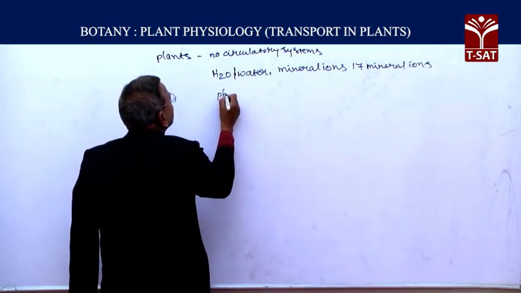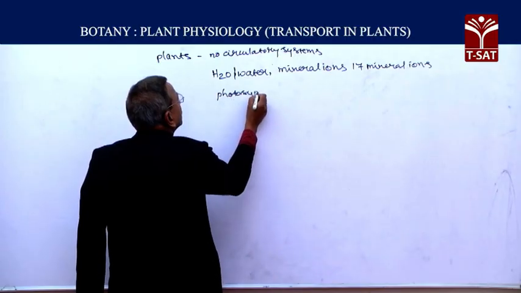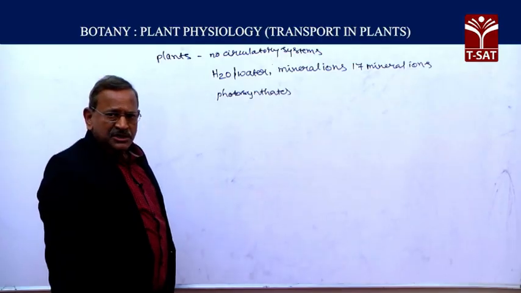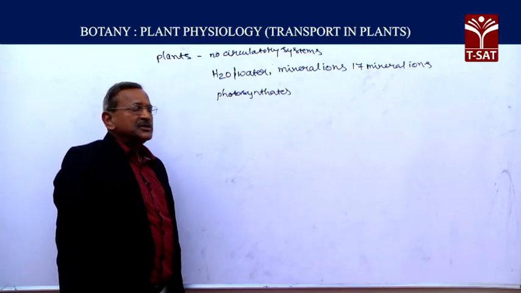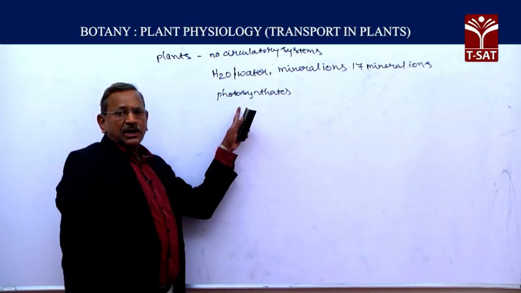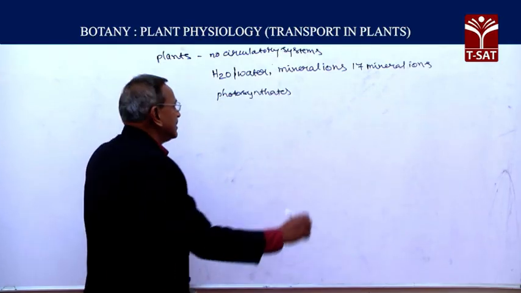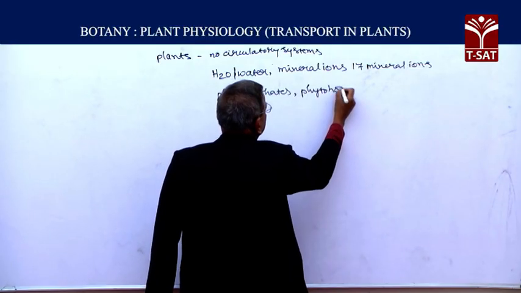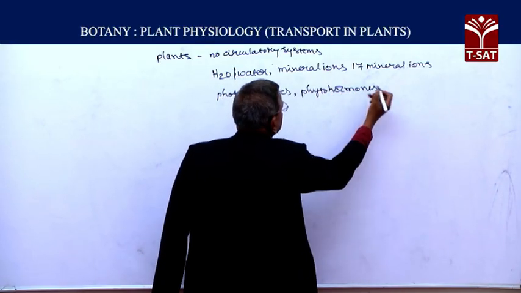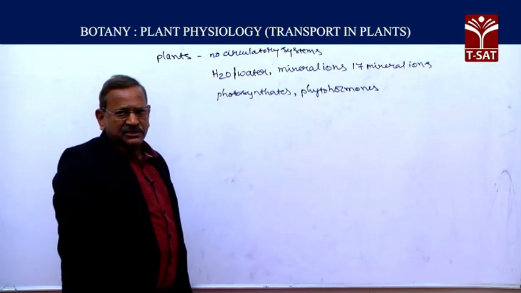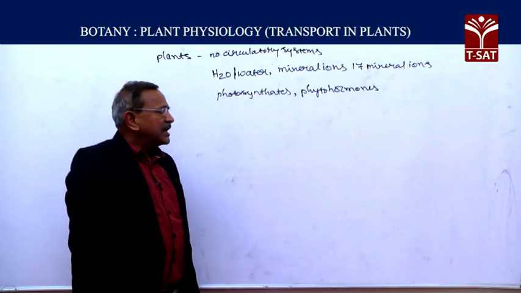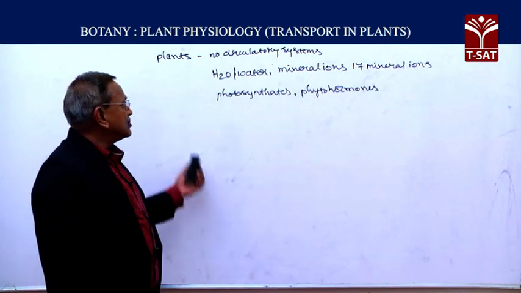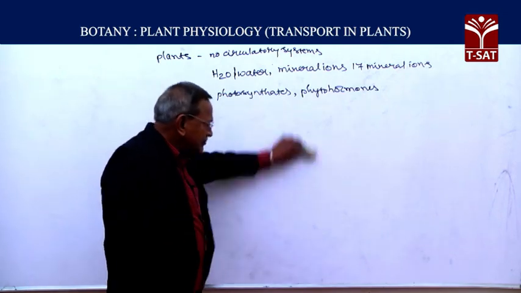Besides that, sugars produced during photosynthesis must be transported to all living cells in the plant body, and also different kinds of phytohormones from sites of synthesis to target locations where physiological effects of hormones are observed.